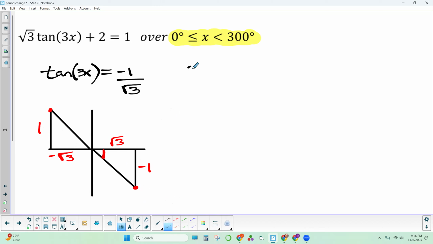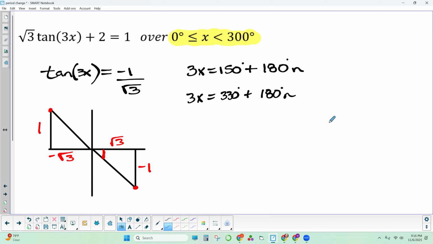So I'm going to take 3x equals 150 degrees plus a period of tangent. Now, a period of tangent is 180 degrees. You got to be careful there. N. And then I'm going to take 3x and set it equal to my other angle, which is 330 plus 180 degrees N. Okay, remember, tangent and cotangent have a period of pi or 180 degrees.